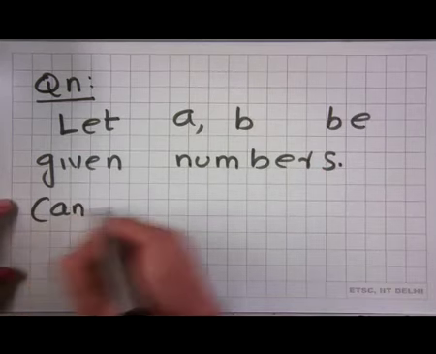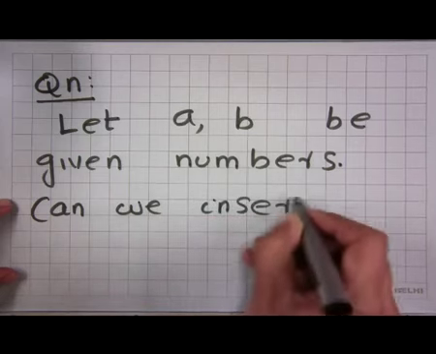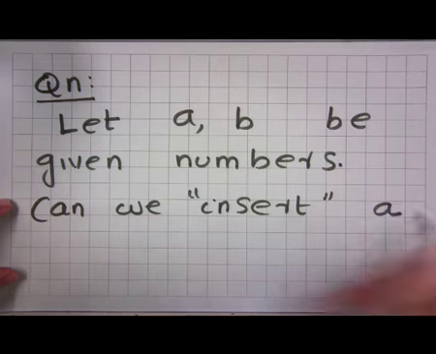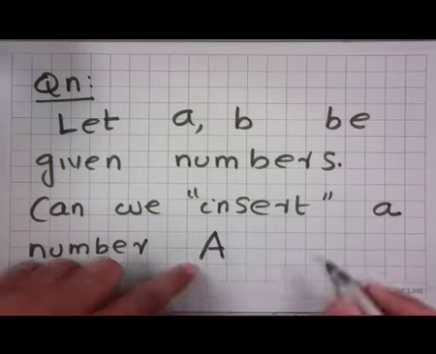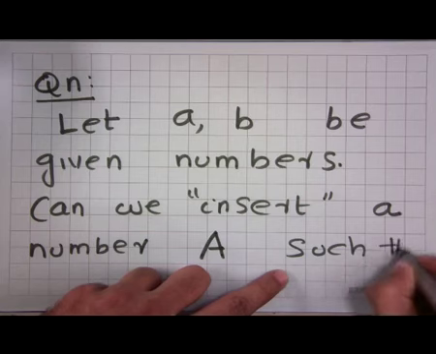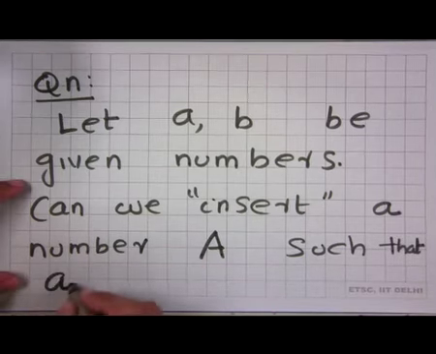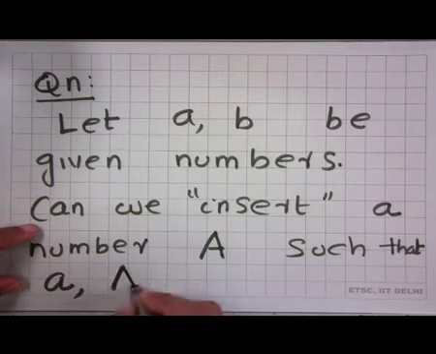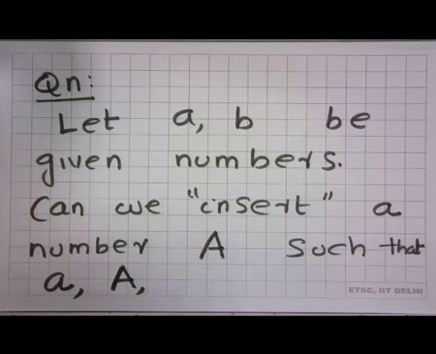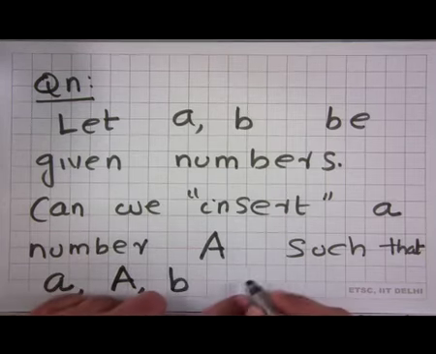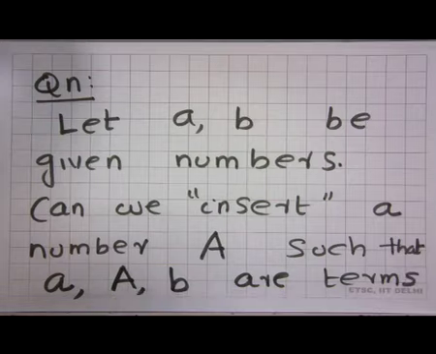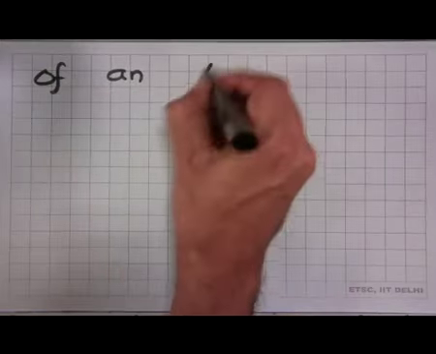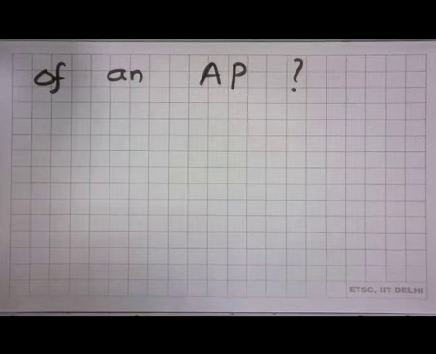Can we insert a number, let us call it capital A, such that the given number small a, this number capital A which we would like to insert, and the given number b are terms of an arithmetic progression? So, this is the question we would like to address right now.